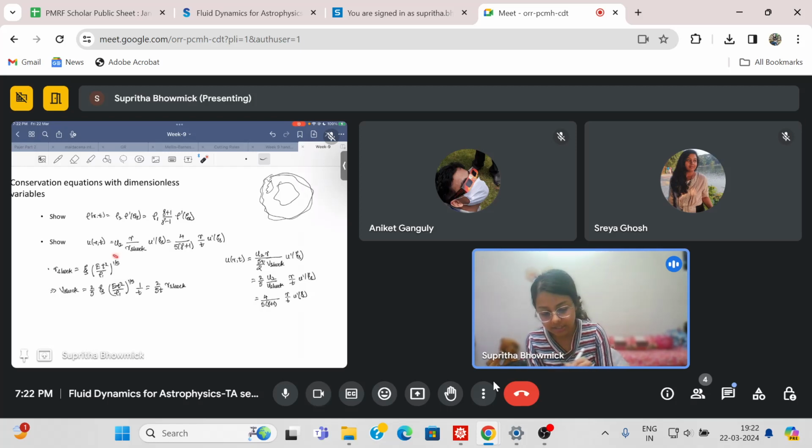So R shock is actually this. If you remember, R shock was zeta times some lambda, and lambda was this. To derive the velocity of the shock, you differentiate this with respect to time, and what do you get? You get 2 by 5 times zeta times this entire thing. Is this clear?